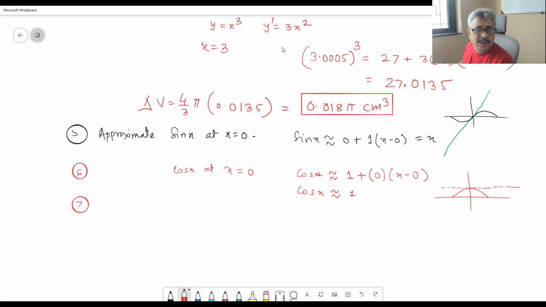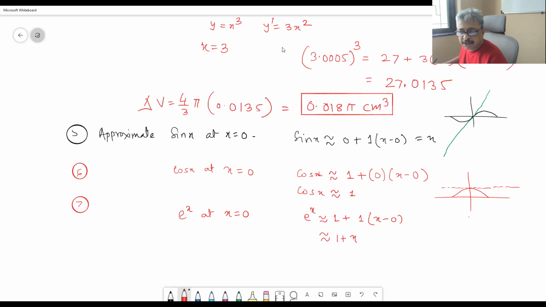And how is the approximation of e raised to x at x is equal to 0? e raised to x is approximately equal to e raised to 0, that is 1, plus derivative of e raised to x evaluated at 0, which is e raised to 0 is 1, into x minus 0. So e raised to x can be approximated like 1 plus x.